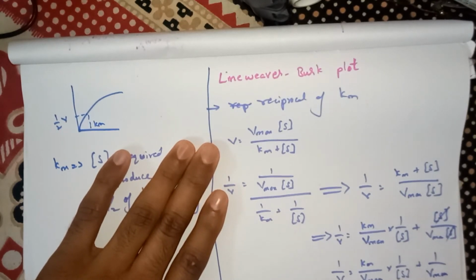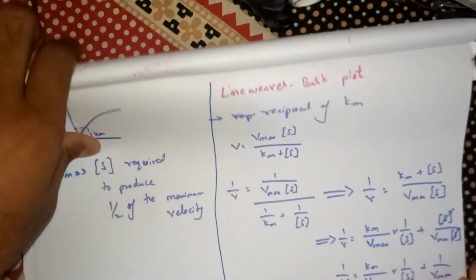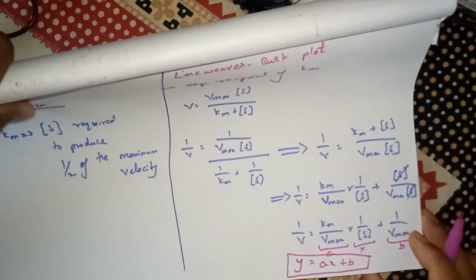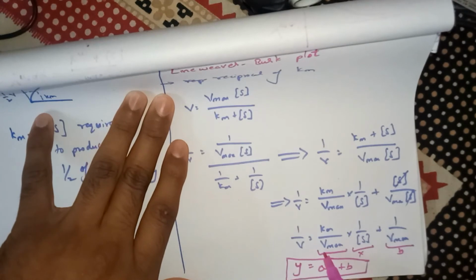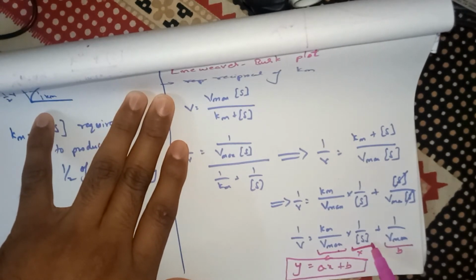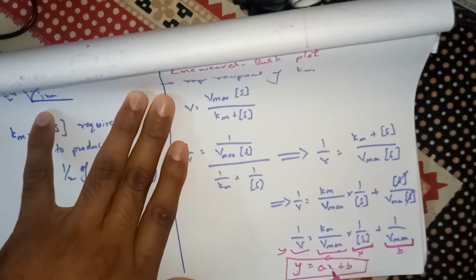Suppose this is y, let this be a, this be x, and this one b: y is equal to ax plus b. This is the equation of a line.